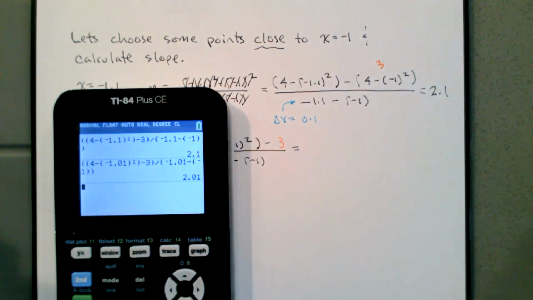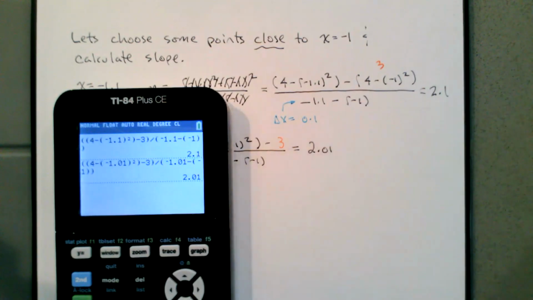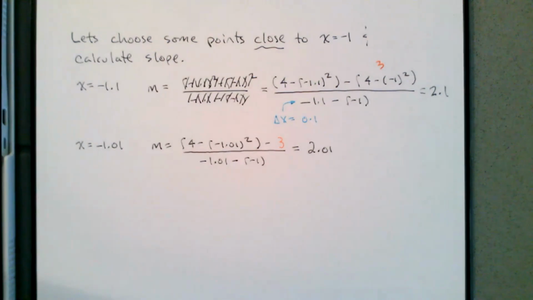And we get a slope of 2.01. So now we started off with a point that's even closer to the point -1, 3, and we got 2.01.